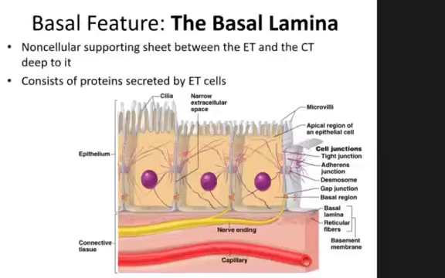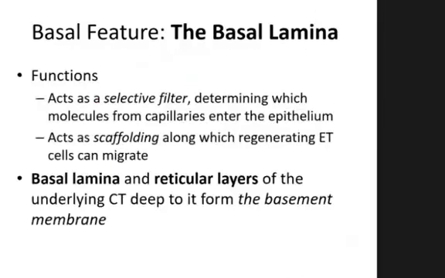All right, so now we actually talk about the basal lamina, which is going to be the support underneath the epithelium. It's this non-cellular supporting sheet between the epithelium and the connective tissue underneath it. We call it a basal lamina. It consists of proteins that are secreted by the epithelial cells. So it's not connective tissue. Now the function of the basal lamina: it also acts as a selective filter.